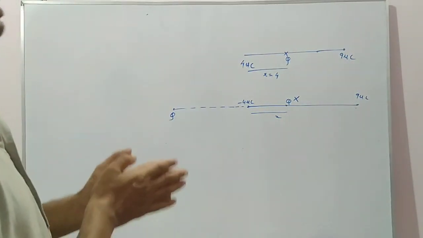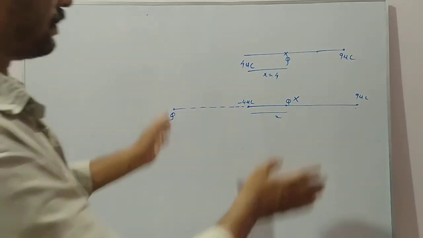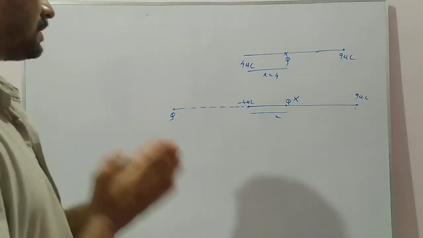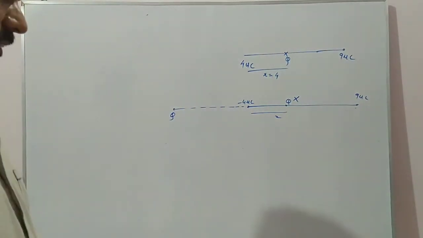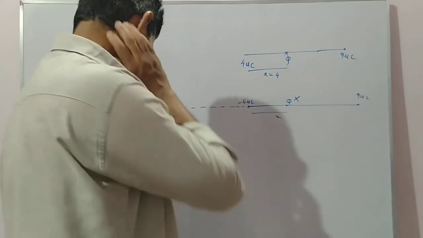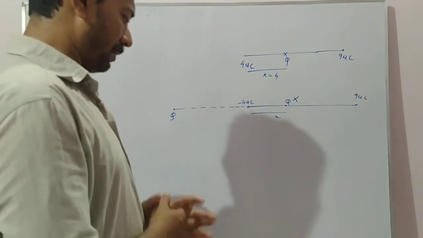If the two charges are of the same sign, then the third charge where the net force is zero will be in between the two charges. If the charges are of opposite sign, the third charge will be outside the two charges. Okay, till now, do the sums. We will stop here.